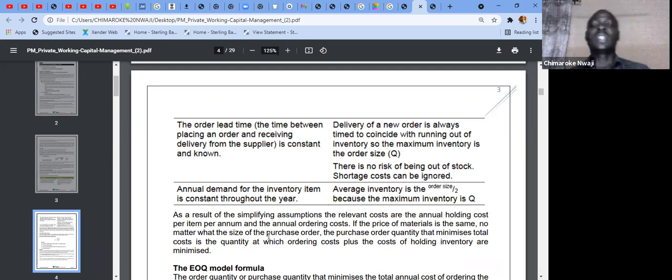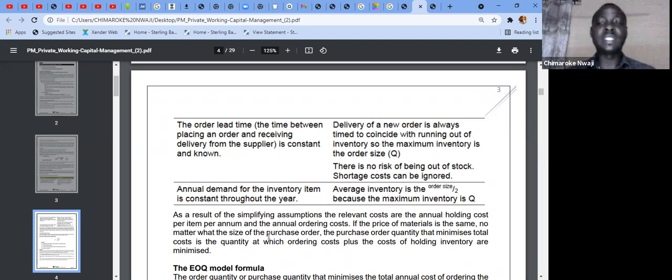Implication: delivery of a new order is always timed to coincide with running out of inventory, so that the maximum inventory is the order size. It means that you know your annual demand and how you are depleting it.